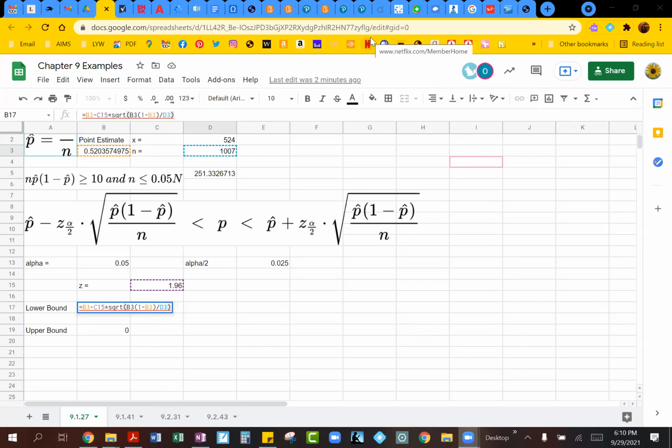So you can use 0.520 for your p hat, do the 1 minus that number, and then, of course, whatever that answer comes out to be divided by 1007 for our n value. So whatever you are comfortable with. By default, Google Sheets and Excel should use order of operations. So hopefully, this will give us the right answer.